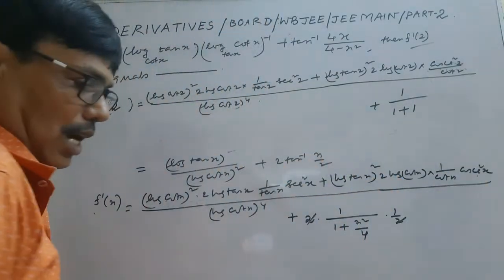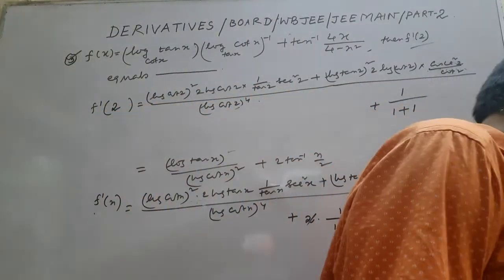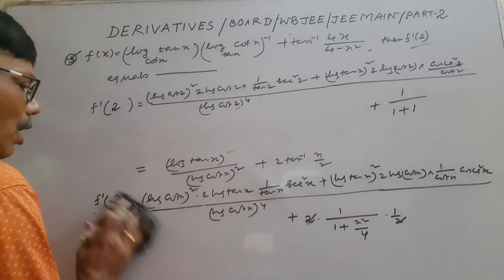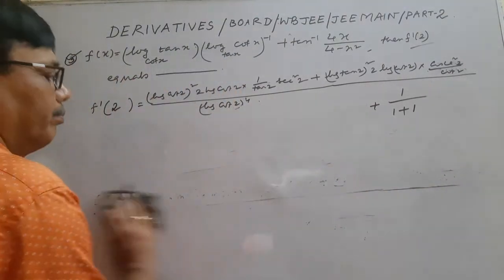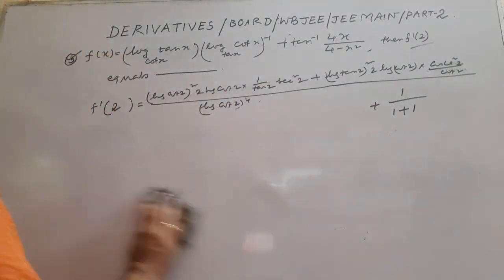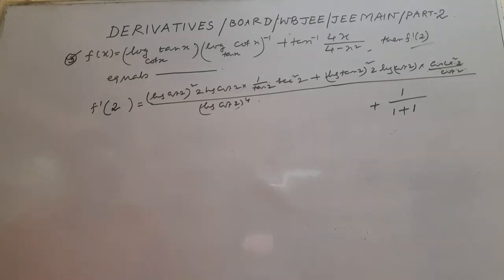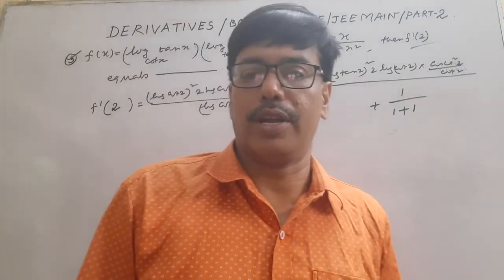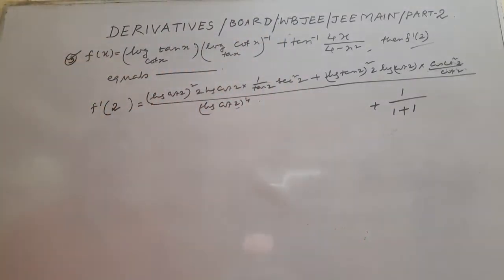So this is half. Second part is half. Now so this part will be simplified and you get a result.